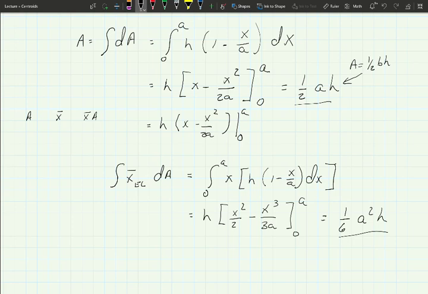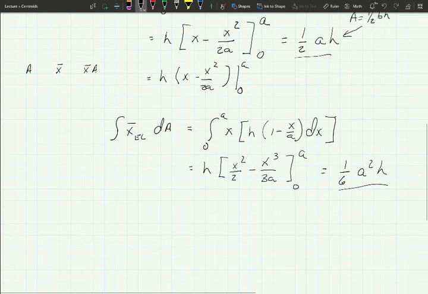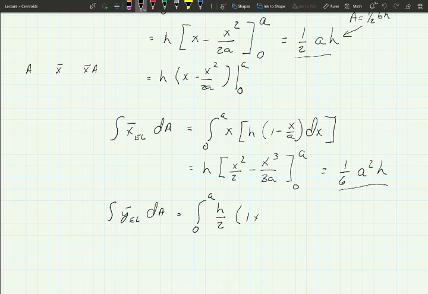Now we have a couple parts and pieces here from the table version. All right, let's find the parts and pieces for the y. So the integral of y bar L dA is equal to 0 to a of h over 2 times 1 plus x over a, and that's going to be times h times 1 minus x over a, close parentheses dx.